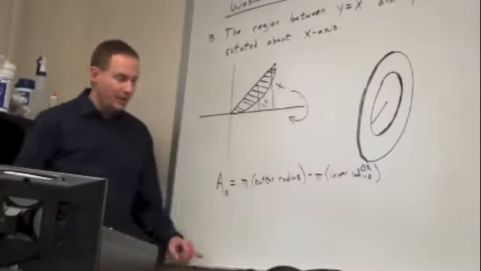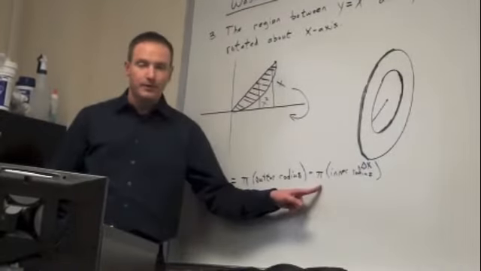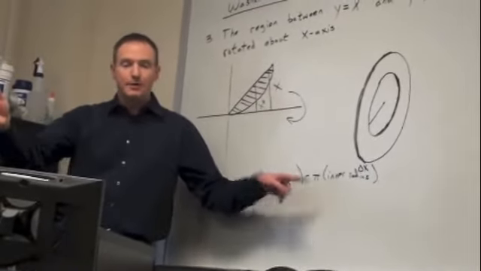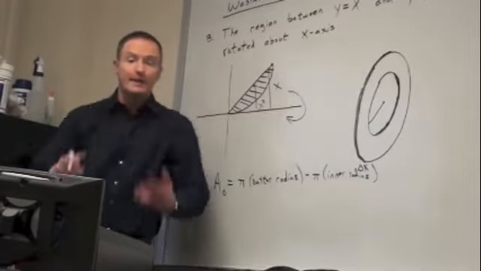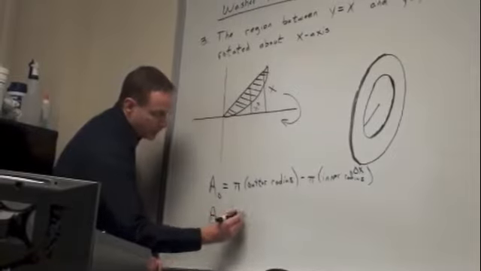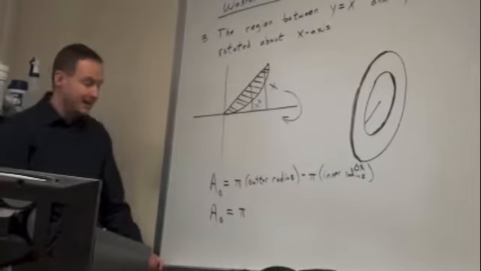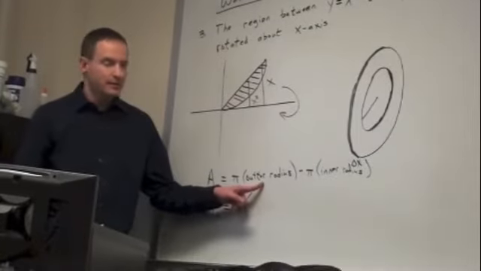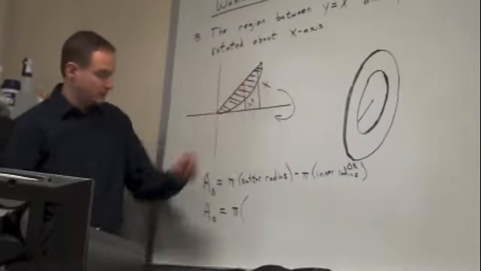And then you might say, well, instead of putting pi with both of those, why don't you just factor the pi out and say pi times the outer radius minus the inner radius? Why, yes, that's what I would do.